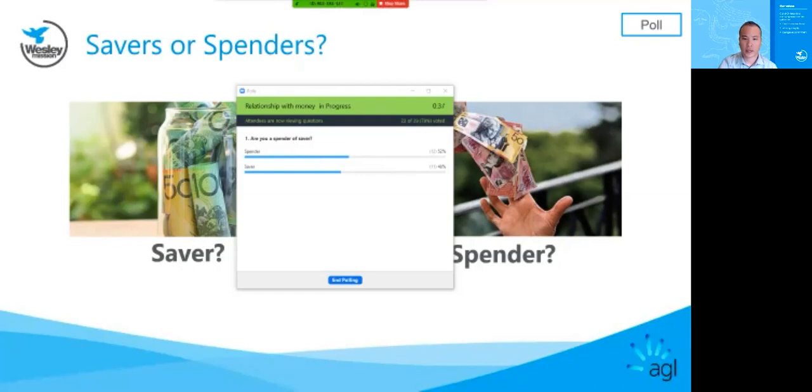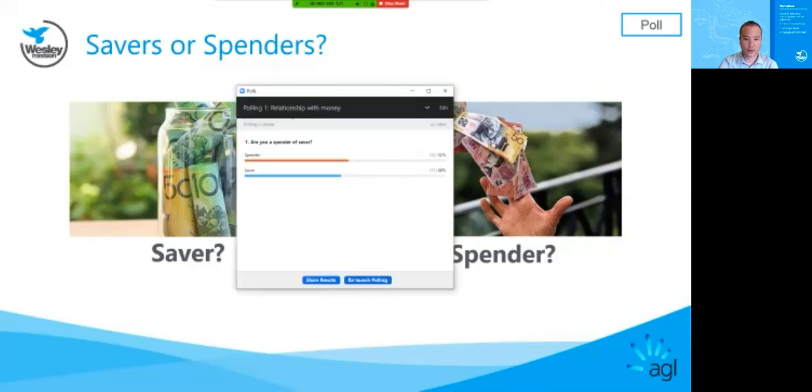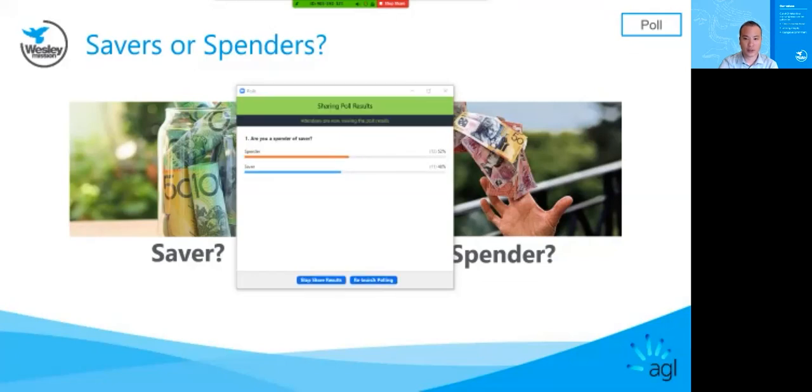Poll closed. Share results. Very close. So we have half of us are spenders, half of us are savers. And you can see how that classification of yourself is generally impacted by how you were taught and the voices that were speaking to you as you grow up.